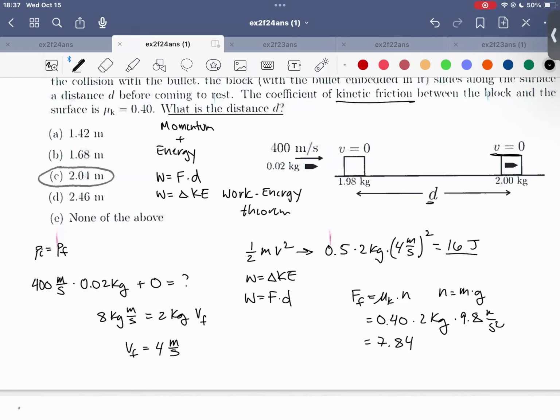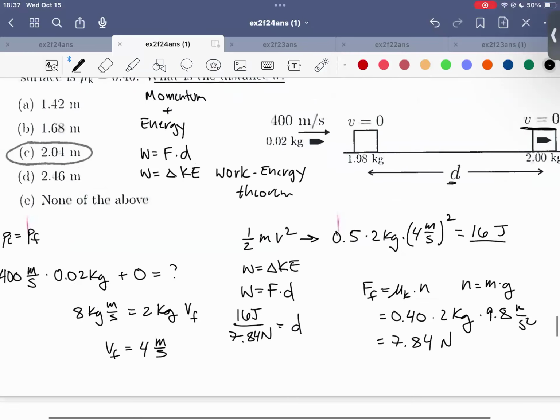Now we're given 16 joules over 7.84 newtons equals distance, and that gives us our answer.